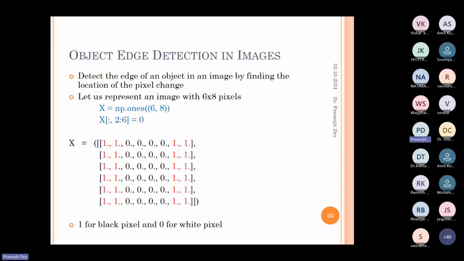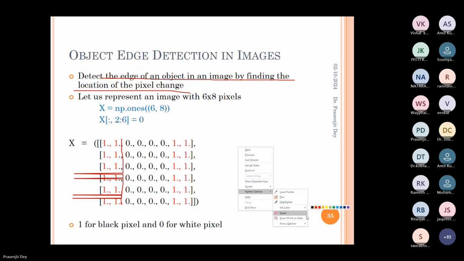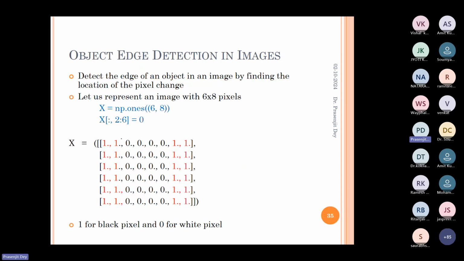Now let us assume that this is your image, and in this image you can consider detecting the edge of an object. So I want to find out the edge in an image. You can consider there is an edge there because suppose these are black pixels, all are black pixels.